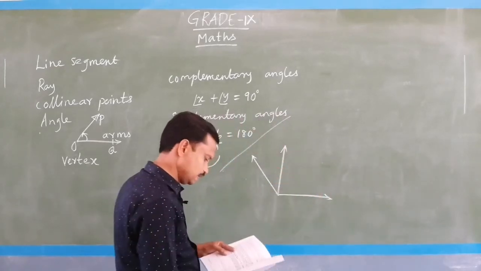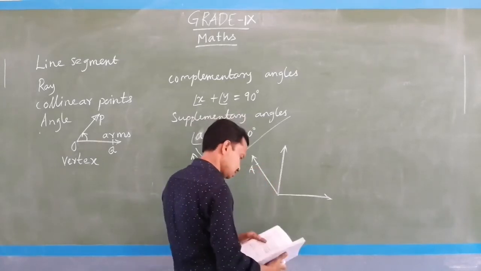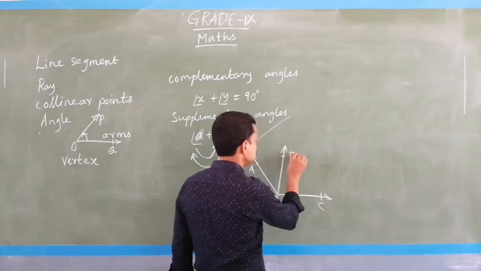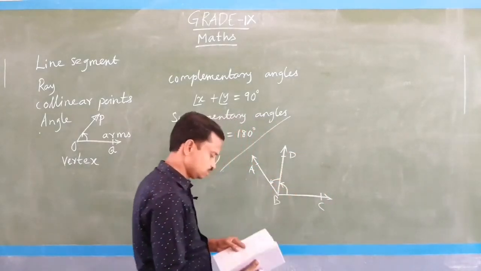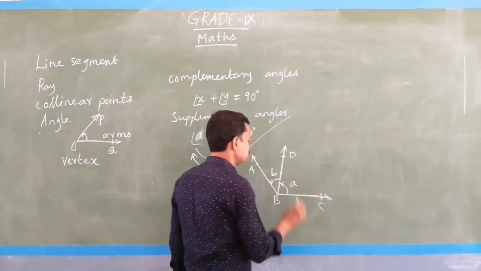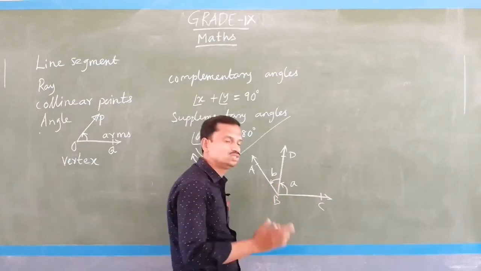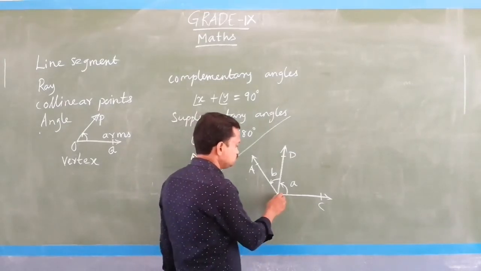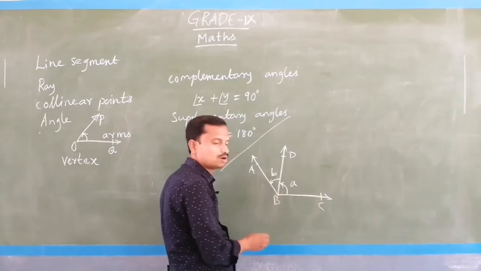You see, this is A and B, C and this is D. So, this is one angle and this is another angle, yes or no? Let it be angle small a and small b, and we can say these two angles are adjacent angles, because adjacent angles have a common vertex.